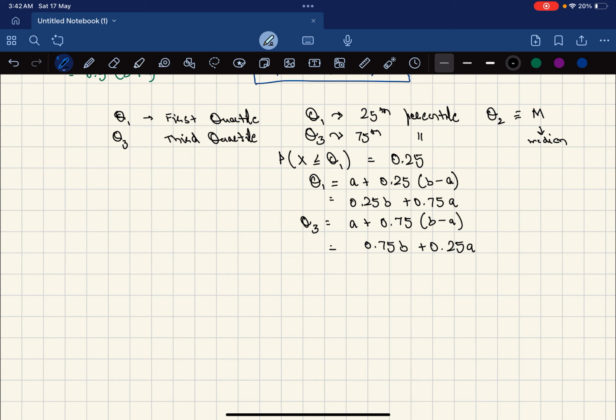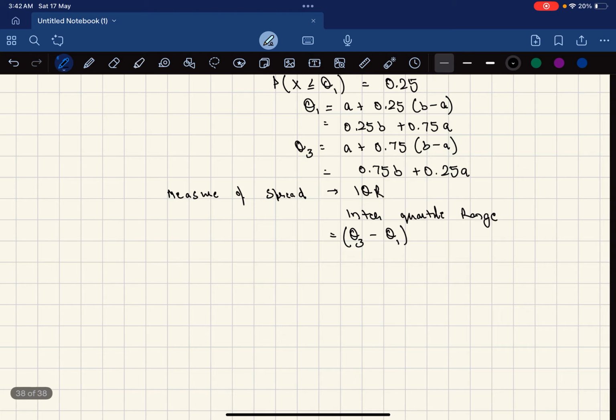Now another term which is often used, a measure of spread, is called the IQR of the distribution. IQR is nothing but the interquartile range of the distribution, and it is computed as Q3 minus Q1.